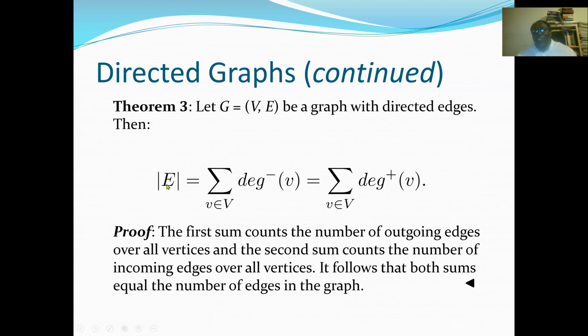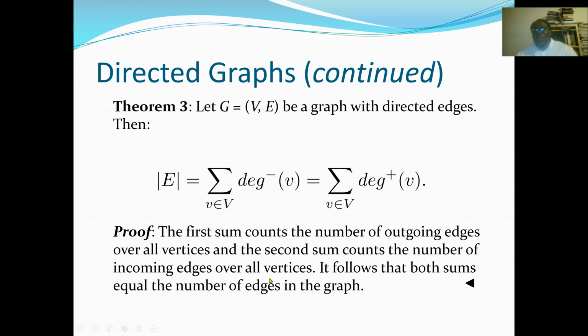Because remember, the edge always contributes to 2 vertices. So the best way to say it, according to the theorem here, the edges will be the sum of the degree in, which is the same as the sum of degree out.